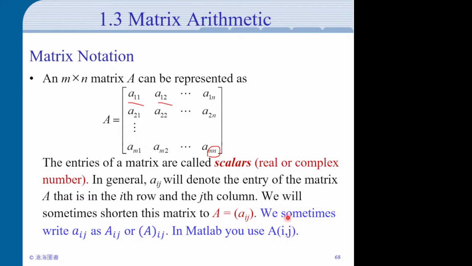So anyway, all those Aij, big Aij or small aij, mean the element on the ith row and the jth column. There is an aij somewhere here, where this is i and this is j.